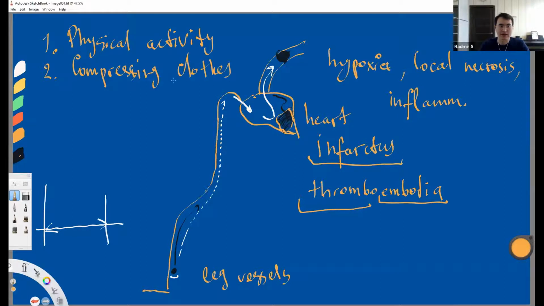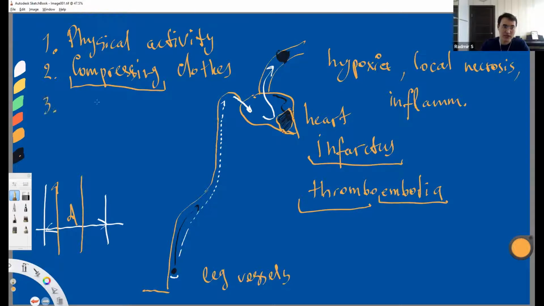So you have a special type of pants that you can wear, and they will compress the legs so that the diameter of the vessel does not go too far, and the bloodstream will stay the same so that the thrombosis doesn't happen.